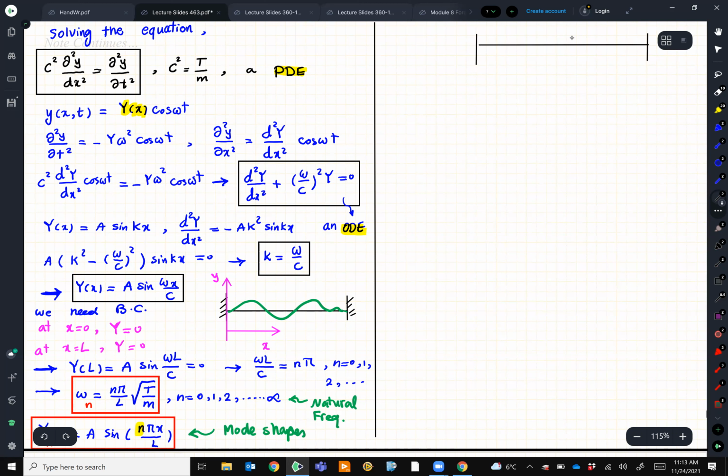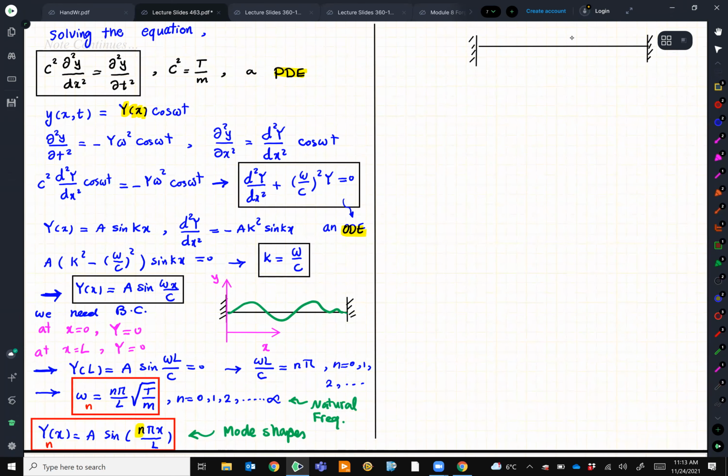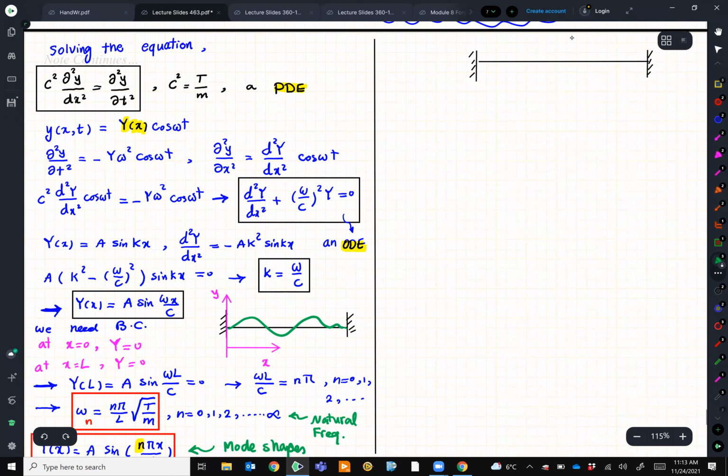So this was our original string. And we say if it moves, it can have different forms. Say let's give it a random vibration. Of course, it's not that big, it's small, but I just exaggerated here.